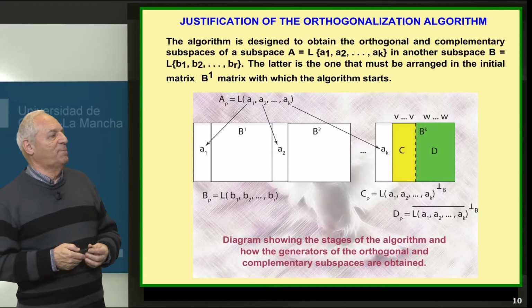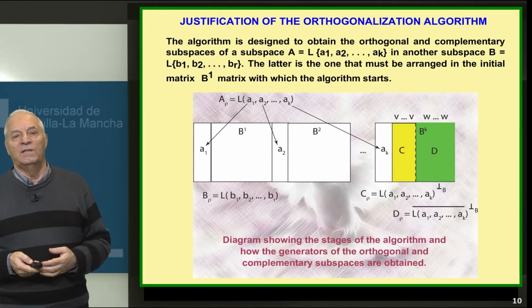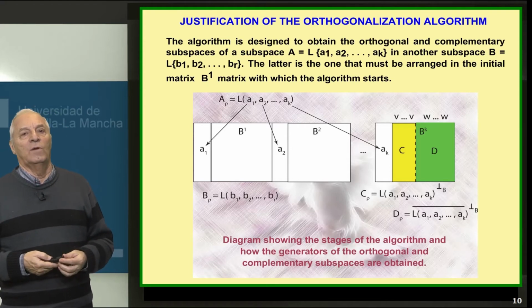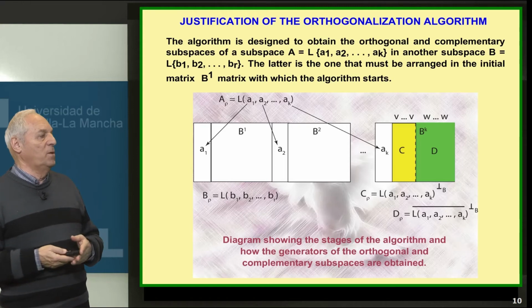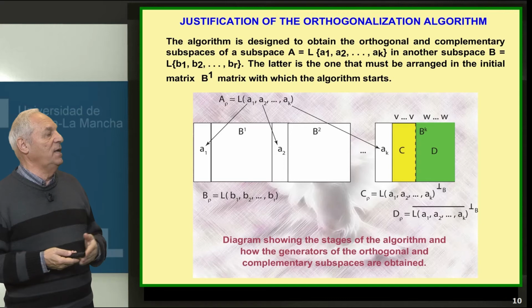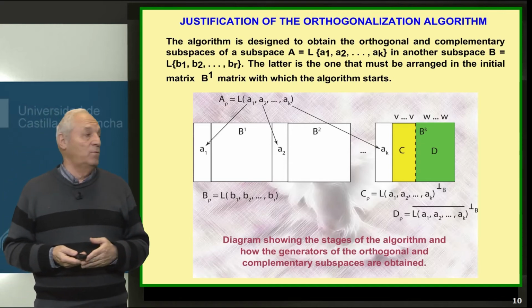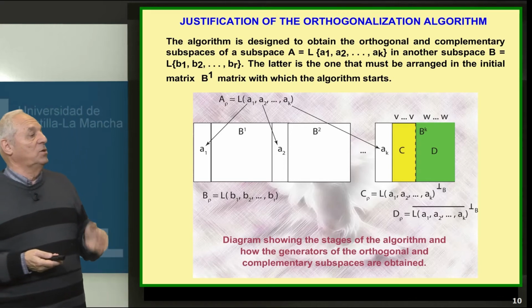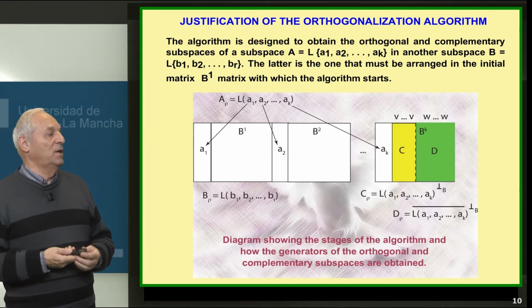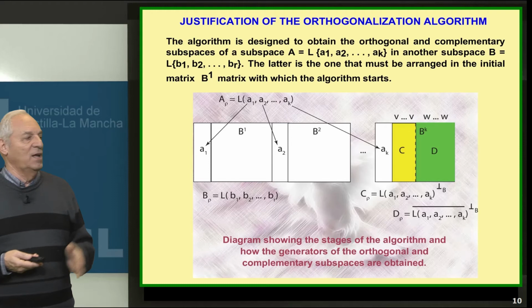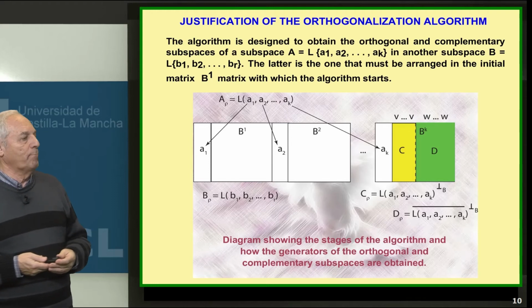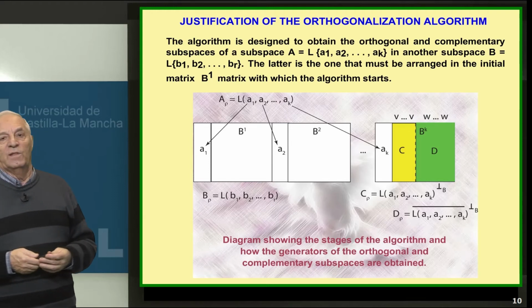In this transparency, what I try to express is what happens when we use the algorithm. We start with the vector a1, that you have there, and a starting matrix B super 1, we pivot, and we get a matrix B super 2, we enter another vector a2, and we pivot, and so we repeat, until we reach the end.